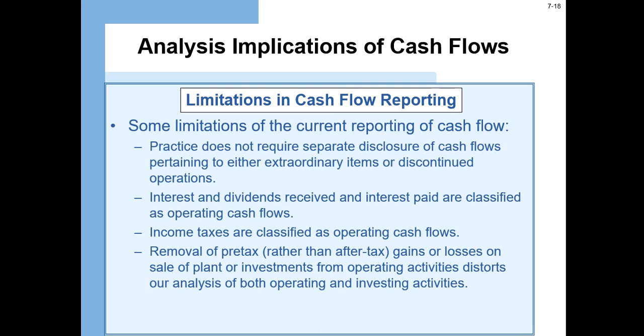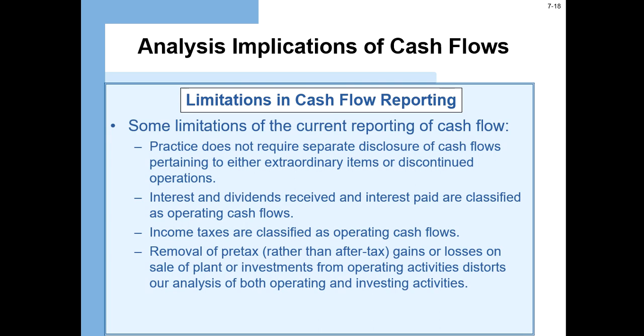We said we should observe these activities while we are analyzing the income statement, but in cash flow statements, there is no need to have a disclosure, which is not good.